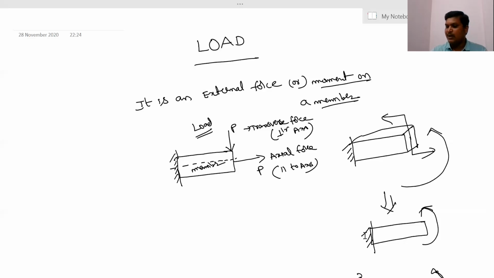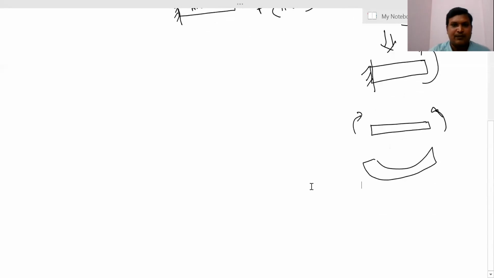So the load may be of any type. So, types of loads.